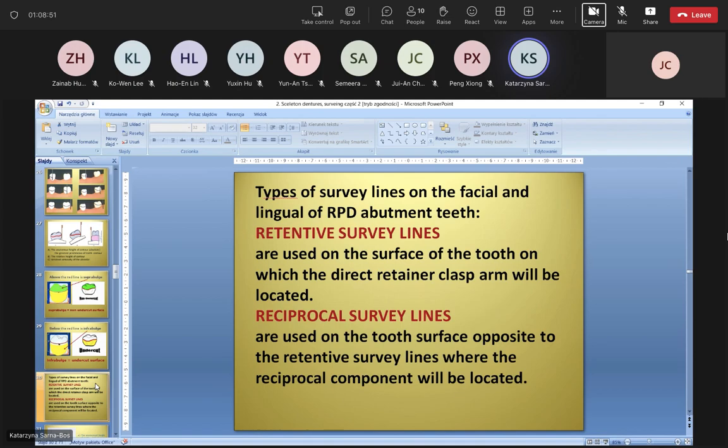Types of cervical lines on the facial and lingual arch of the abutments are the retentive cervical lines and reciprocal cervical lines. Retentive cervical lines are used on the surface of the tooth on which the direct retainer clasp arm will be located, and reciprocal cervical lines are used on the tooth surface opposite to the retentive cervical lines where the reciprocal component will be located.